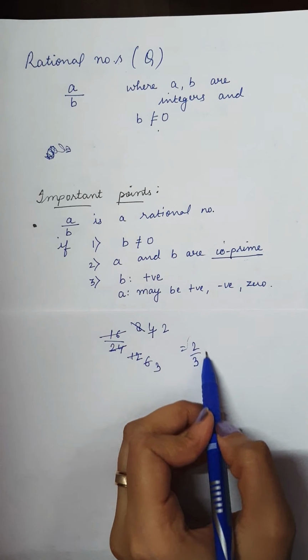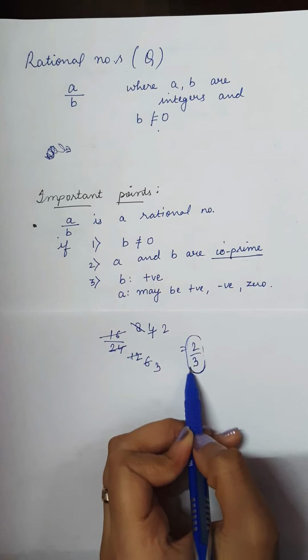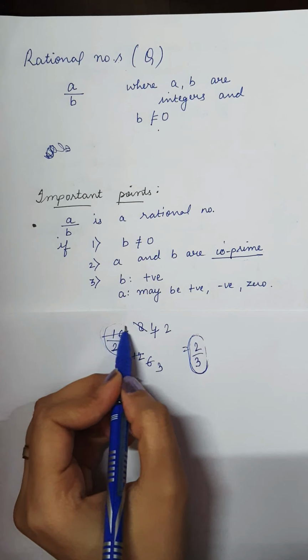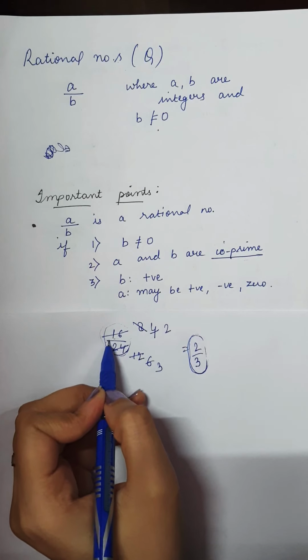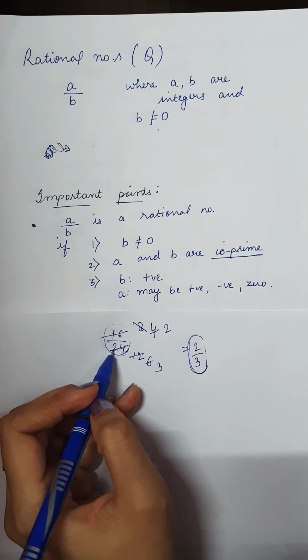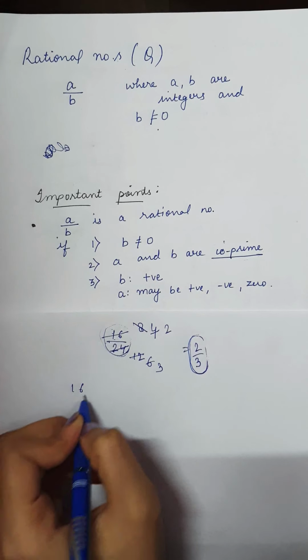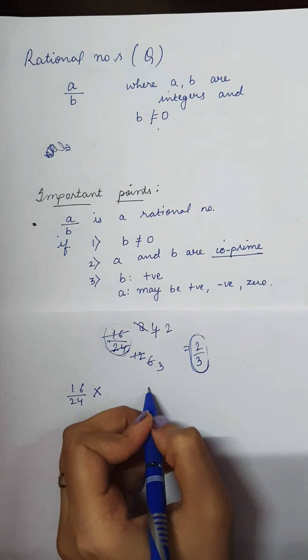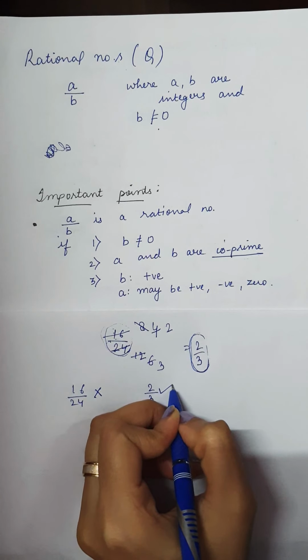So now this is a rational number. This is not a rational number, even though denominator is non-zero and it is expressed in the form of a fraction. So I can say 16 by 24 is not a rational number, but 2 by 3 is.